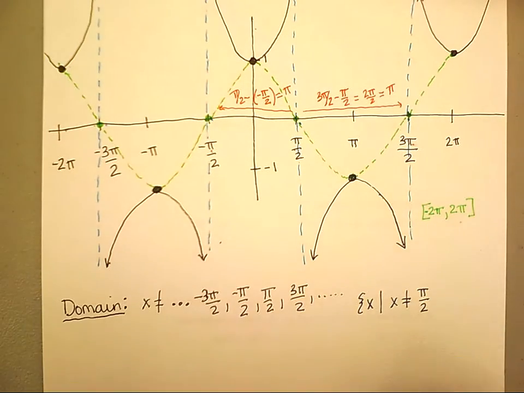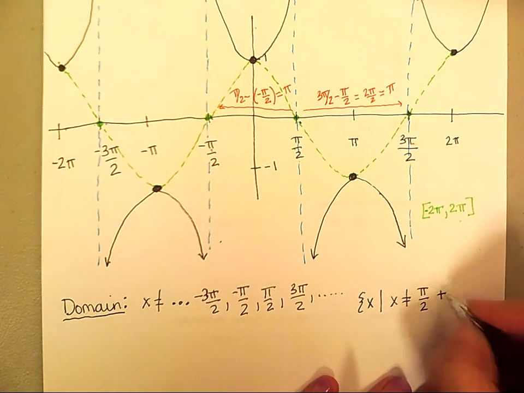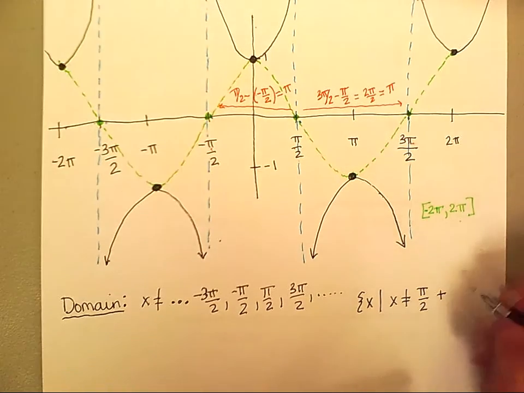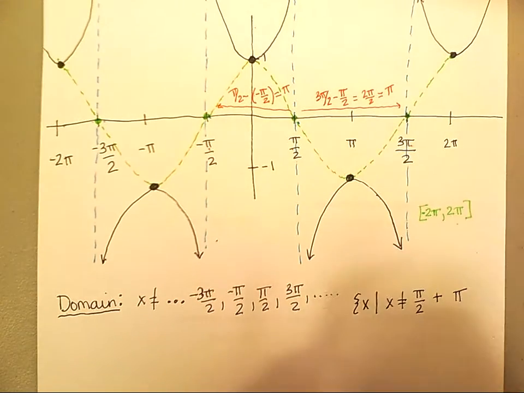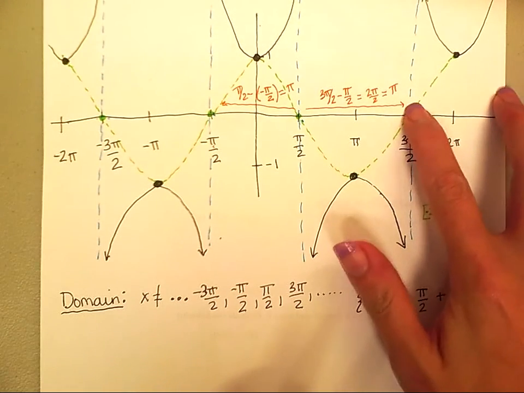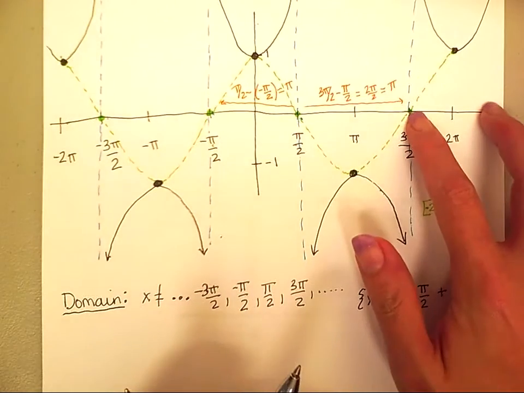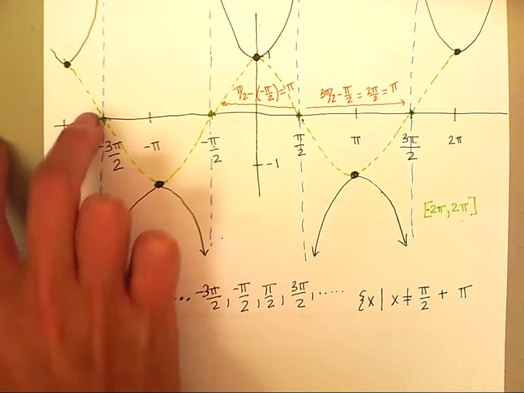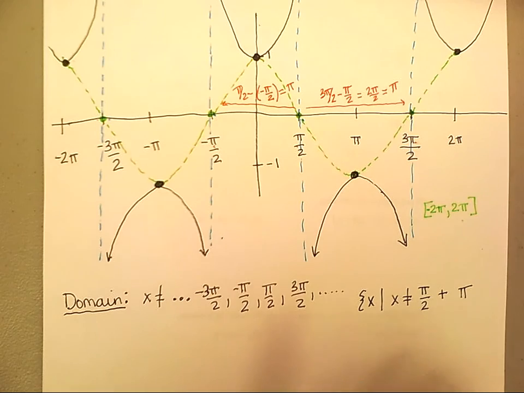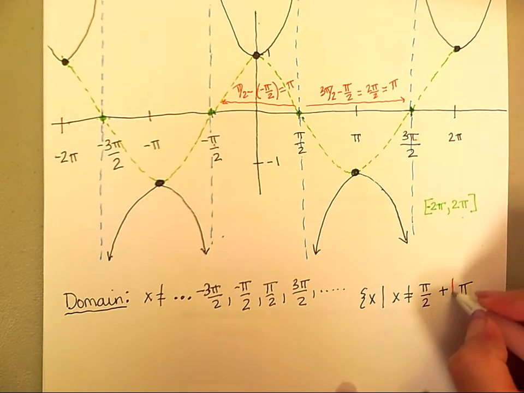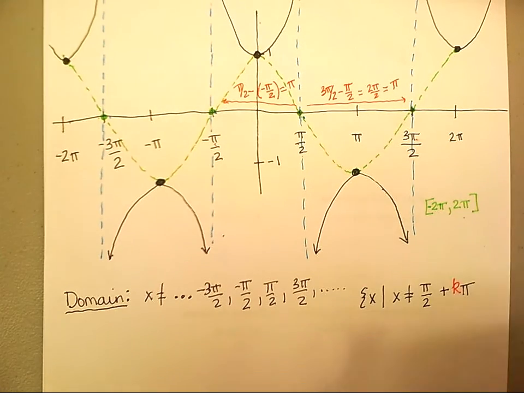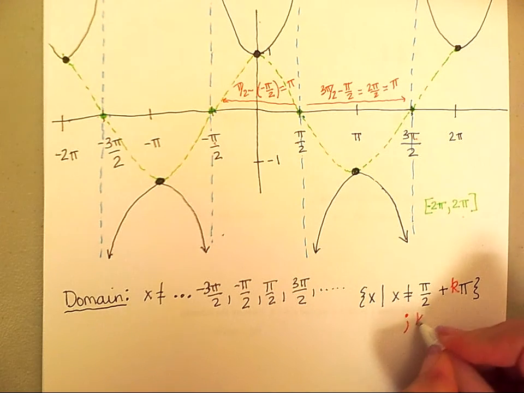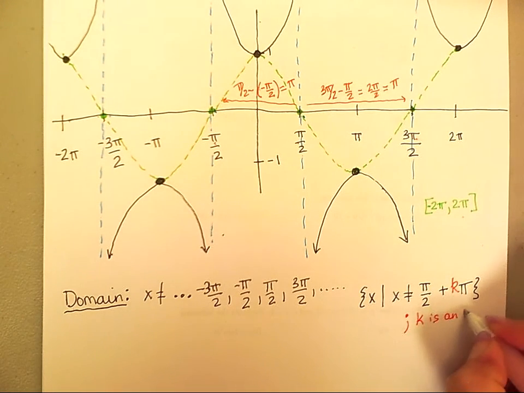So how I use that here is that, sure, my first one's at pi over 2, but then the distance to the next one is pi. The distance to the one over here would be 1 pi, 2 pi. Just like the distance here is 1 pi, 2 pi. The next one will be 3 pi distances away. So what we're going to do is say this is a multiple of k pi, and then we just have to add, where k is an integer.